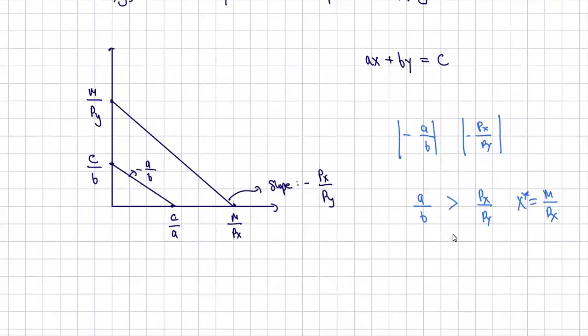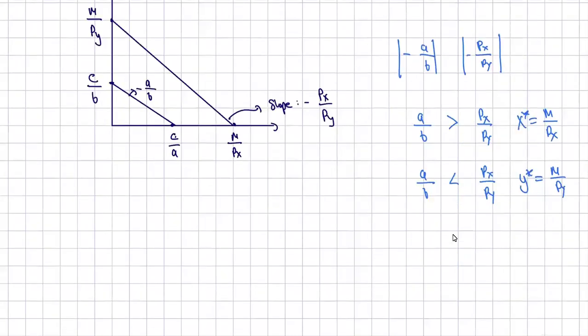If it's the other way around, where the budget constraint is steeper and the indifference curve is flatter, you're only going to consume y, and your y star is M over Py.